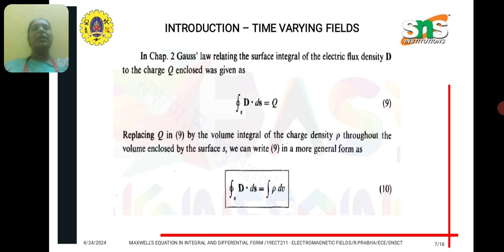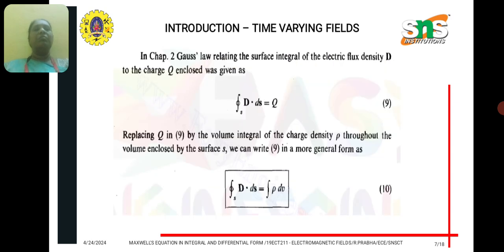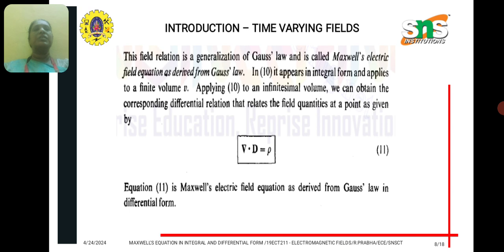So the integral of D dot dS equals the integral of rho dv. This is called Maxwell's third equation derived from Gauss law, and by removing the integral we get del dot D is equal to rho. This is the Maxwell's equation in differential form.